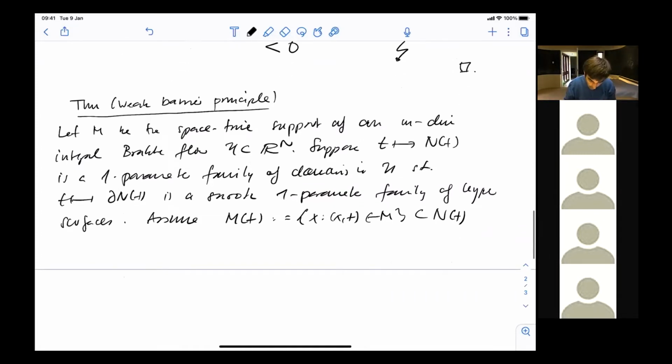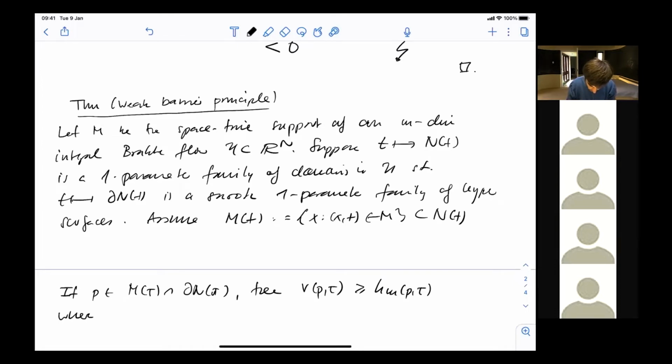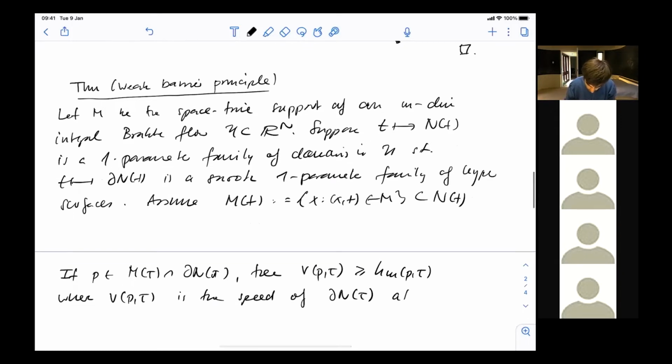And now we assume that the flow touches the boundary of the domain. If p is in M of tau intersected with dN of tau, then the speed v of p, tau is always greater or equal than H_m of p, tau, where v of p, tau is the speed of dN of tau at p.